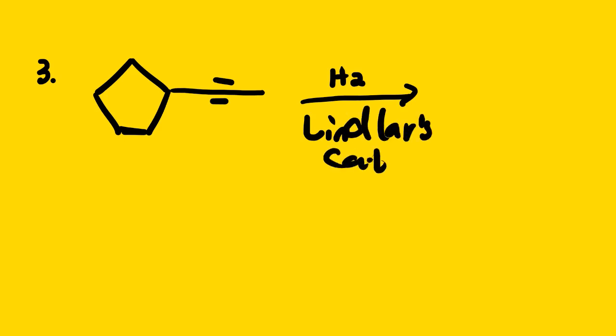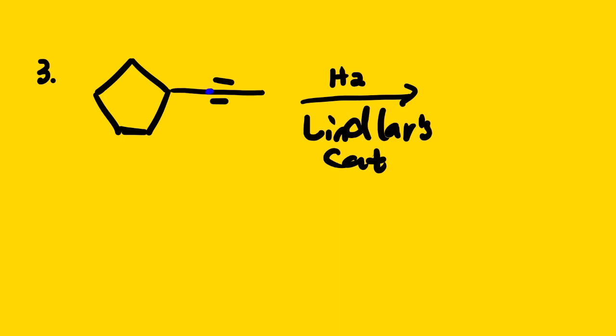Let's look at our number 3. Let us look at the one whereby it has the cyclo ring. Okay, you can write down the product where we use Lindlar's catalyst. You can pause the video.